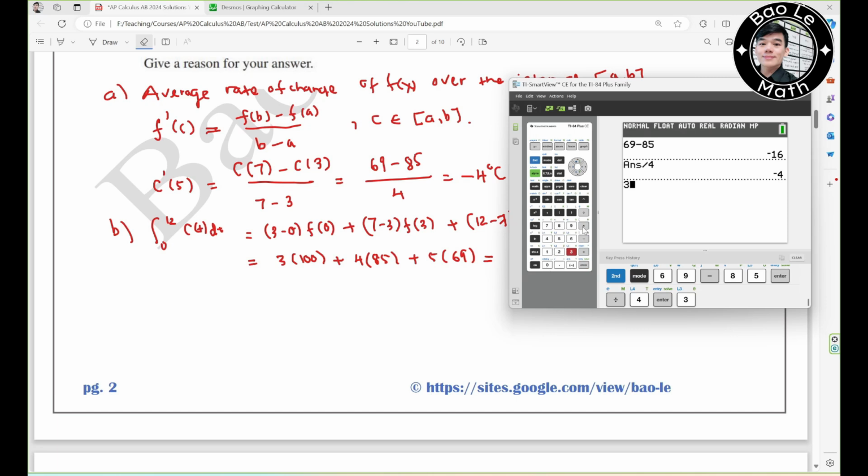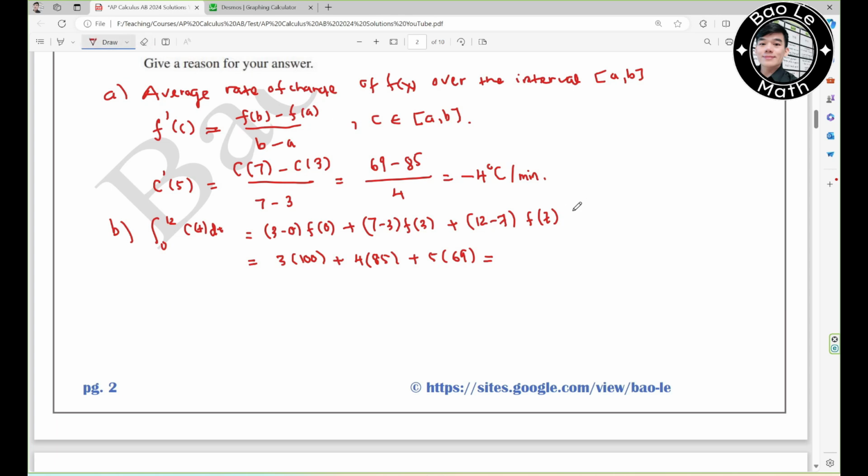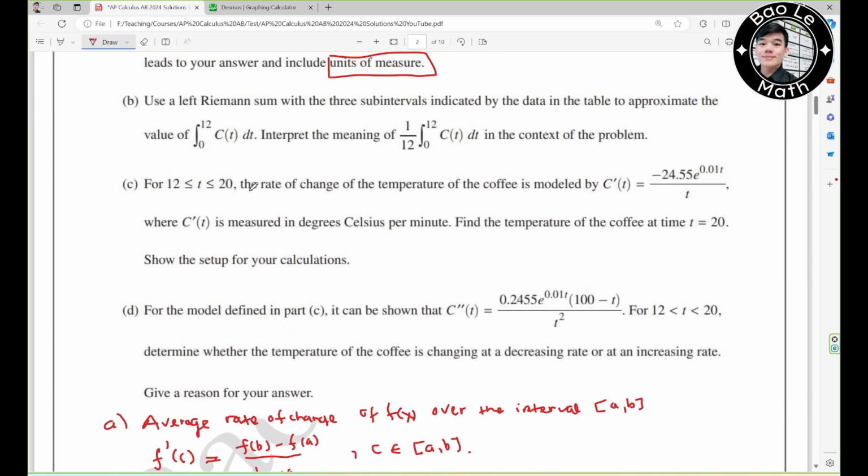Three times 100 is going to be 300, plus 4 times 85 plus 5 times 69. It's going to be 985 degrees Celsius.